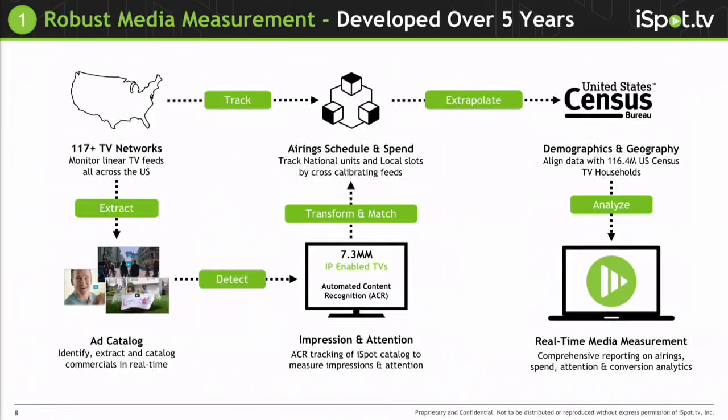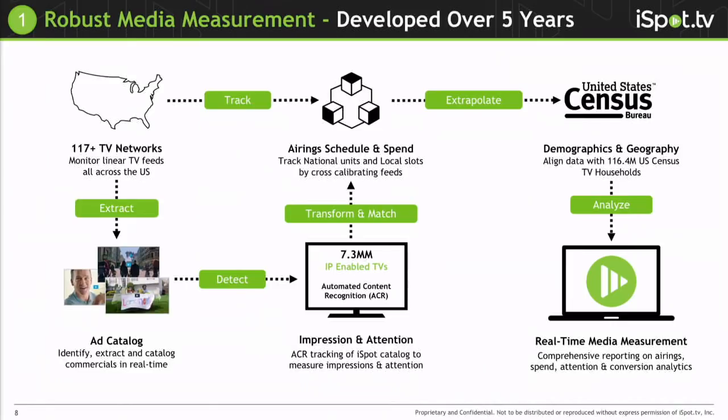Over the last 5 years, we've developed a very robust media measurement platform that utilizes ACR. It starts with cataloging every single ad on television. Then it goes into reformatting the ads so they will detect correctly when ACR is employed on them. Then this catalog is fed through 7.3 million Vizio television sets. ACR data comes back to us.